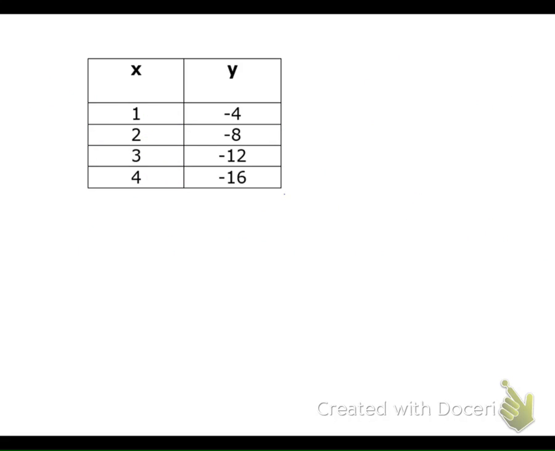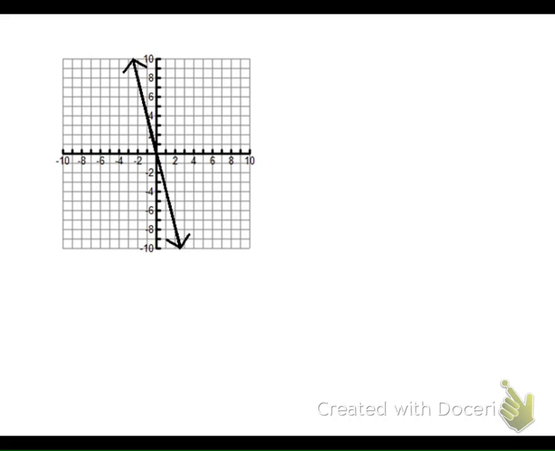Now, say they didn't give you a table, but say you have something like this and you have a graph. Not a problem. We know from our multiple representations that I can turn a graph into a table just by looking at some coordinates. So I'm going to go off to the side here and make my table with my x's and my y's. Let's pick a couple points that plot on there.